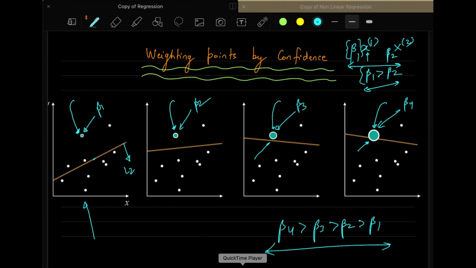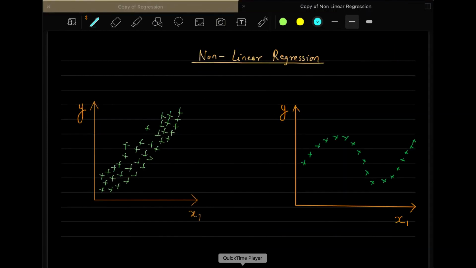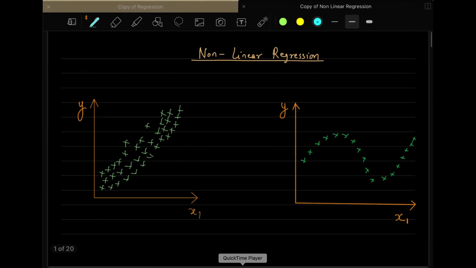The topic we are discussing today is nonlinear regression. Here we have some data sets available, one on the left side and another on the right side. Can anyone contrast any difference from the data set we discussed last time?